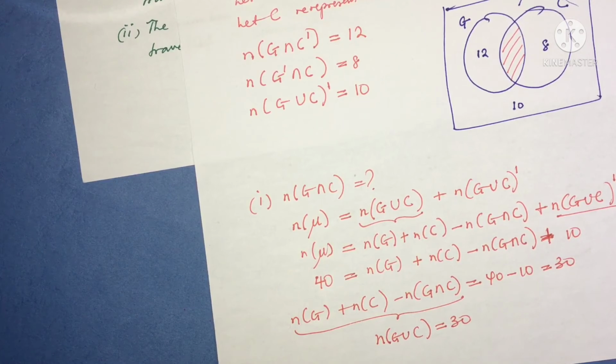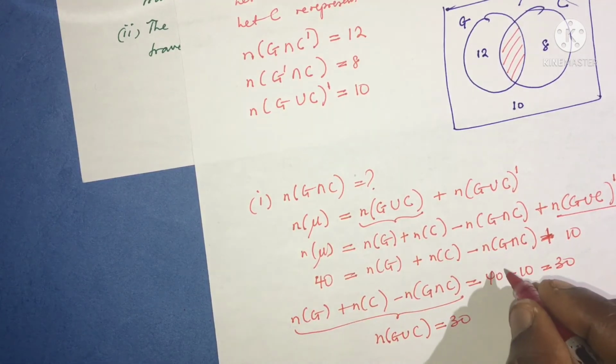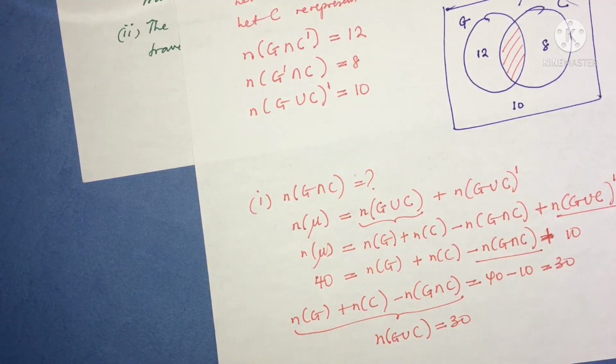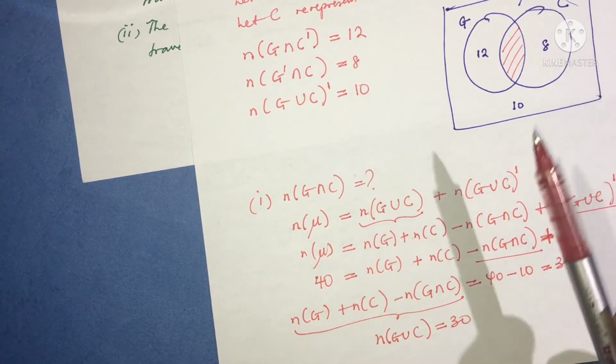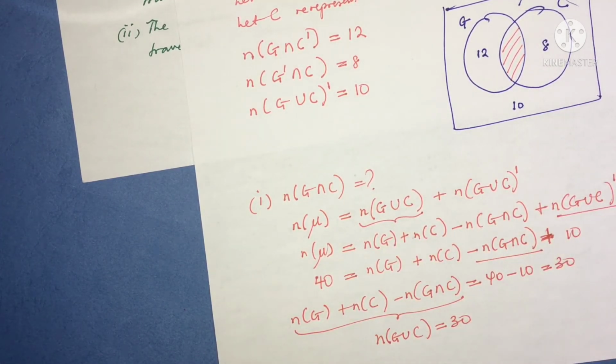Okay, so what we are interested in is obtaining the cardinality of the intersection. So let's see, now what do we do? Take note, in this case we can actually start decomposing, and let's see how that is done.